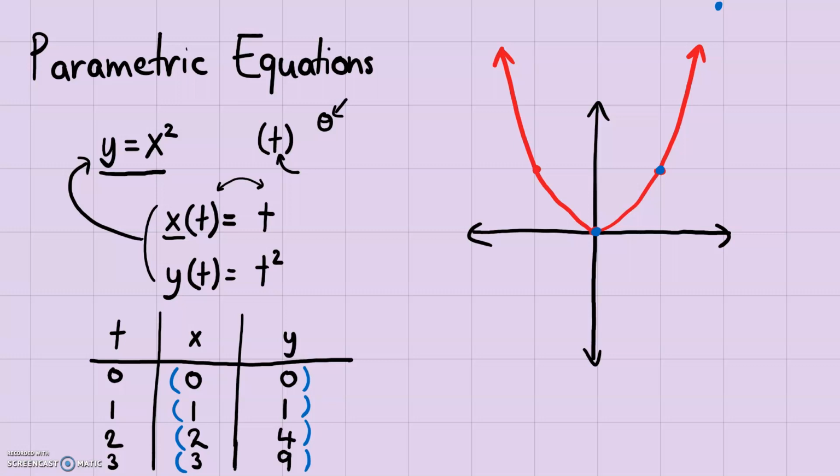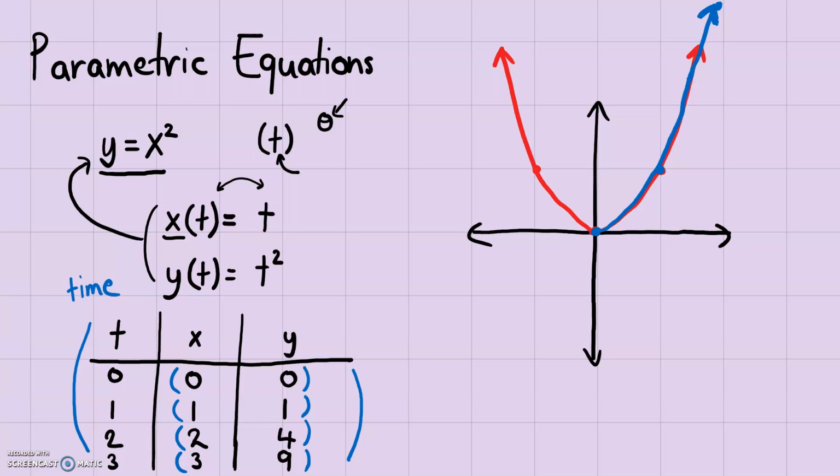So if you connect the points that we just derived, it's going to line up exactly on that red line. And we're only considering the positive part for now, because we're letting t represent time.